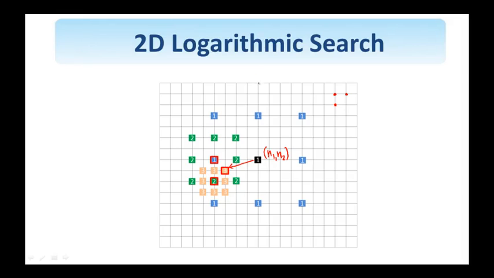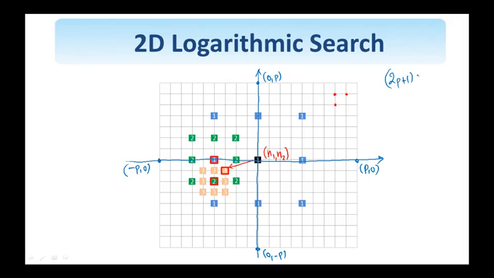So let's denote here the axis like this. And let's assume that the size of the search region is from minus P to P, and from minus P to P. So the search region has size 2P plus 1 by 2P plus 1.